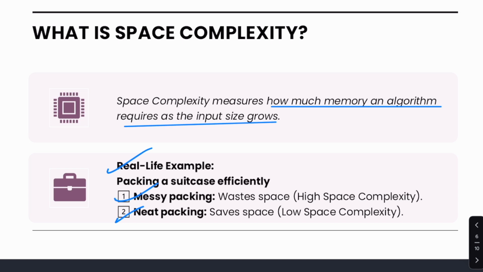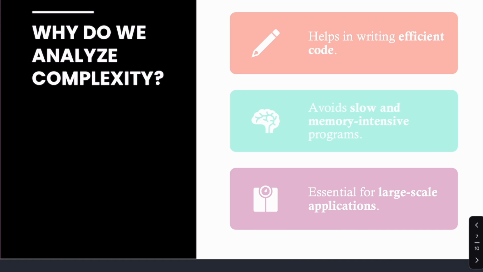We need to analyze the space complexity so that your application runs smoothly without slowing down or causing a crash in your devices. So let's see, why do we need to analyze the complexity? Why is it so important?